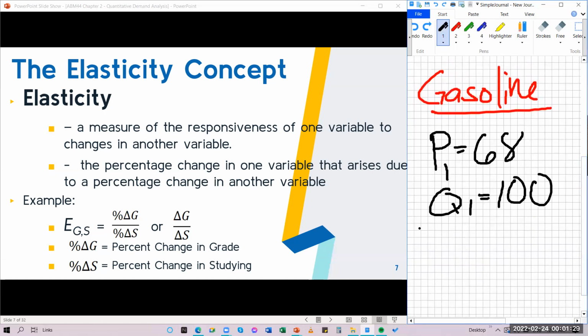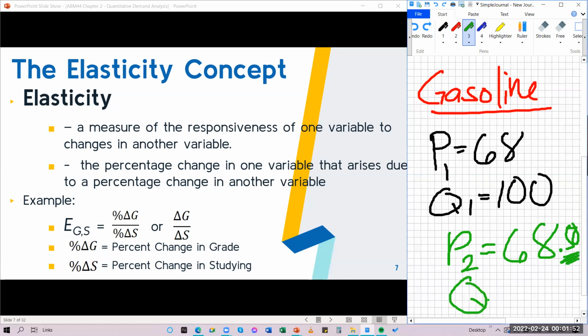So how about if it has increased? Price 2. What about if it increased by at least 0.50 centavos? From 68 pesos, it became 68.50. Imagine again, it increased by 50 centavos. How much do you think would be the quantity?